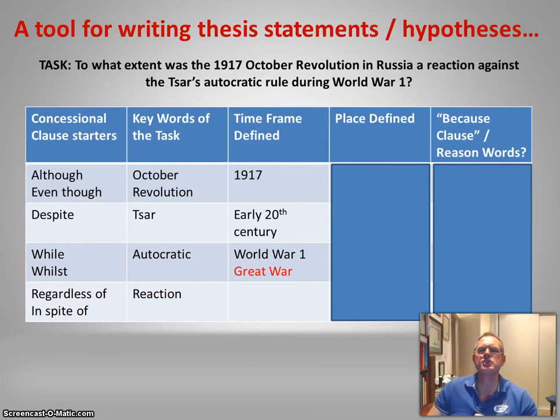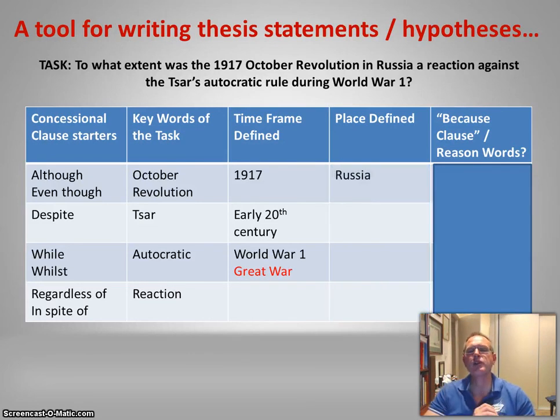The place in this case is pretty clear. It's specifically Russia. But we could sometimes name a country. We could sometimes name a region. Some countries can be referred to by different names. Britain can also be Great Britain, can be the United Kingdom. The United States of America can be America. It can be the United States.